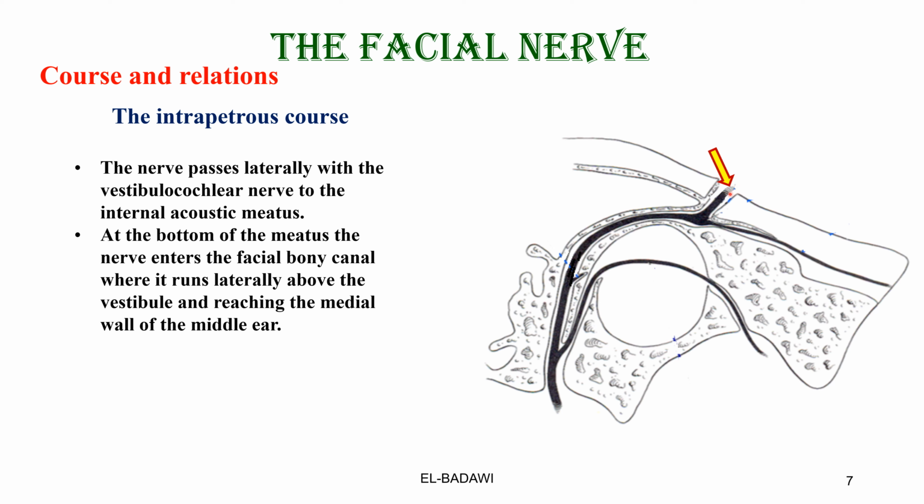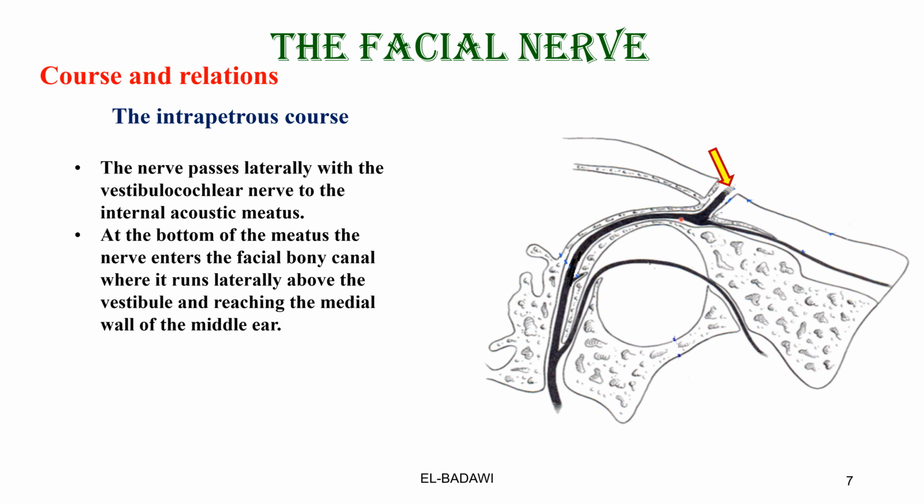The nerve will pass laterally above the vestibule of the inner ear to reach the medial wall of the middle ear. So it comes from the internal meatus, passes laterally here above the vestibule until it curves sharply backwards, forming the genu, that is the geniculate ganglion here.